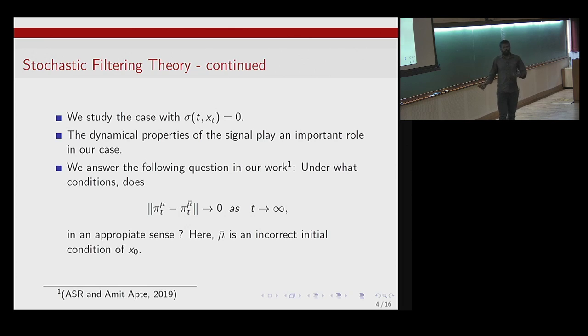So the best thing to ask is, how does the difference behave as you keep making more and more observations? Intuitively, we might hope that if the observations are rich enough, then you may not need to know the exact, entire information of the initial condition.